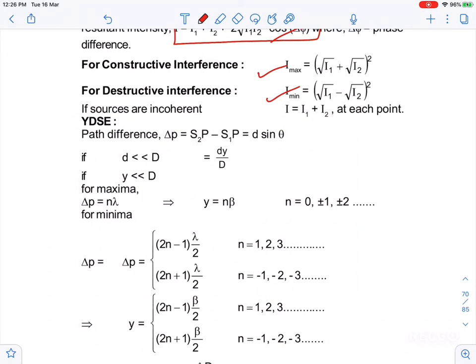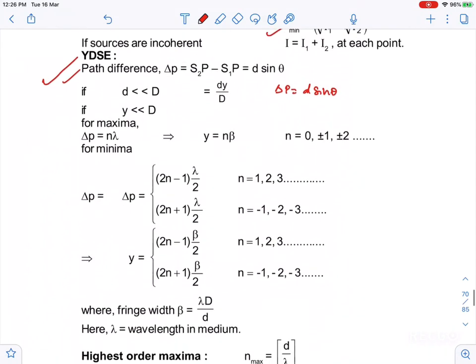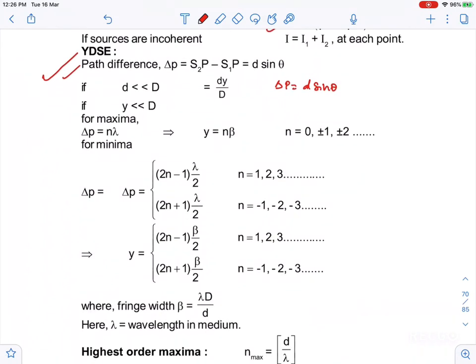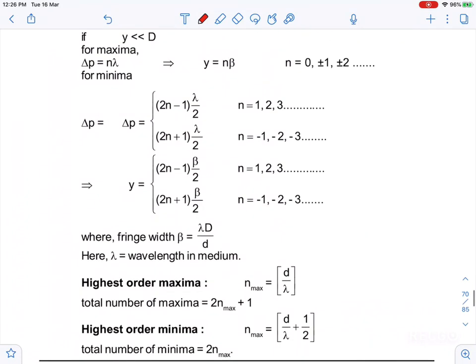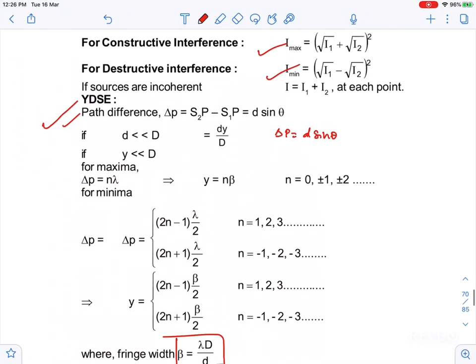In Young's double slit experiment, I told you path difference and phase difference will come in optics. Here they will ask, guys, path difference delta p you can write as nothing but d sine theta. Now the condition of maxima and minima we have obtained, these things you should keep. So beta is fringe width, which we have already discussed.